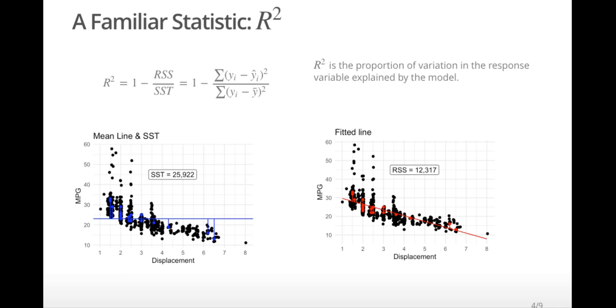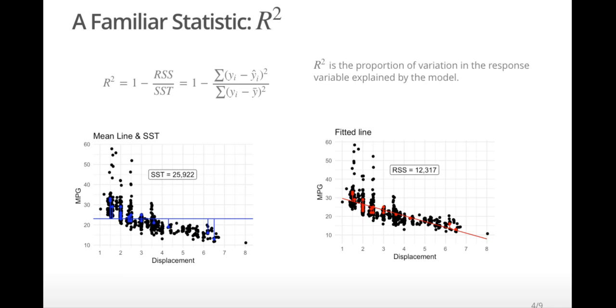The second plot indicates some residuals in red. Summing all the squared residuals gives us the residual sum of squares, RSS for short. This tells us the amount of variation still left in the response variable after accounting for the explanatory variable.